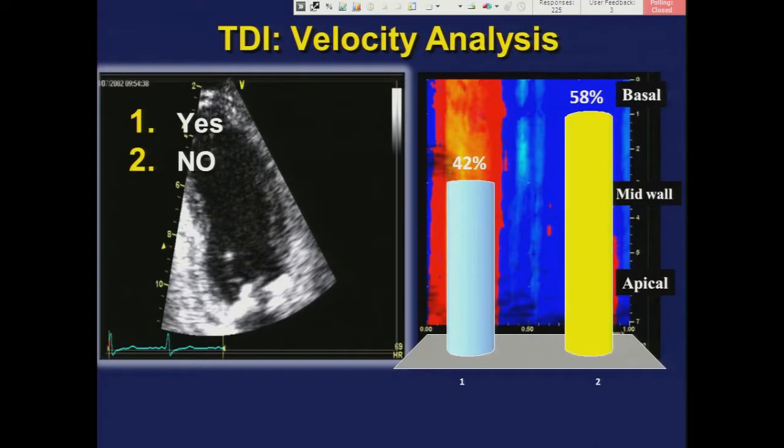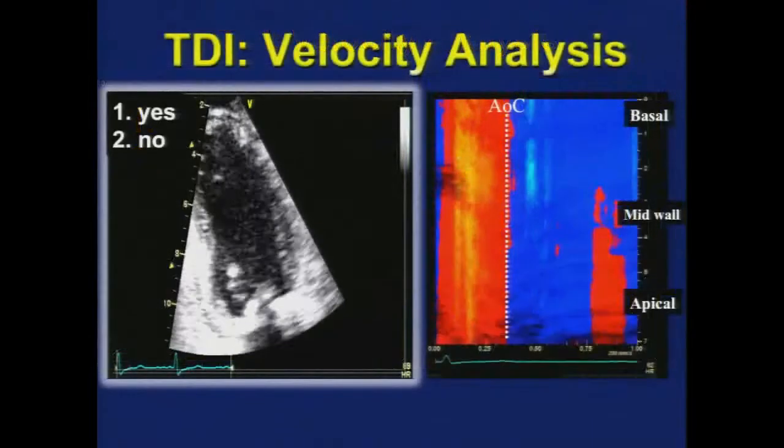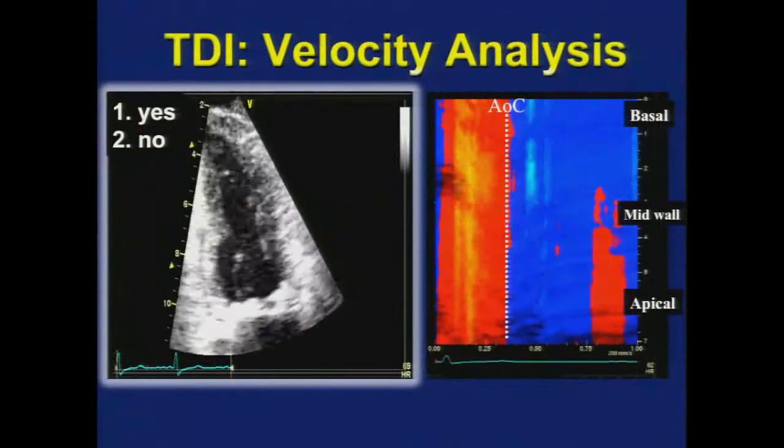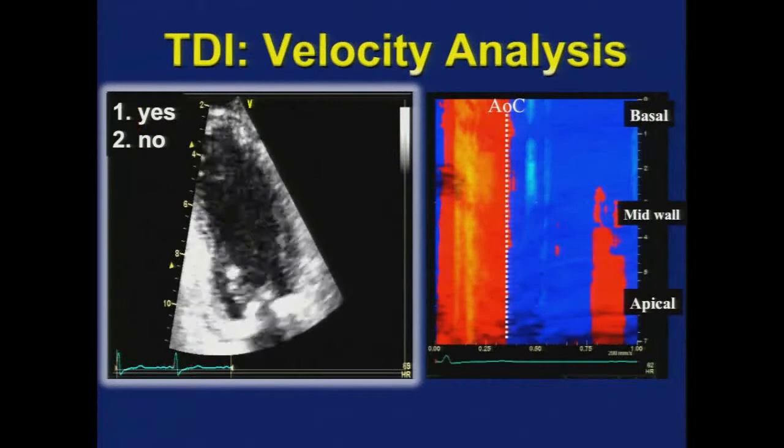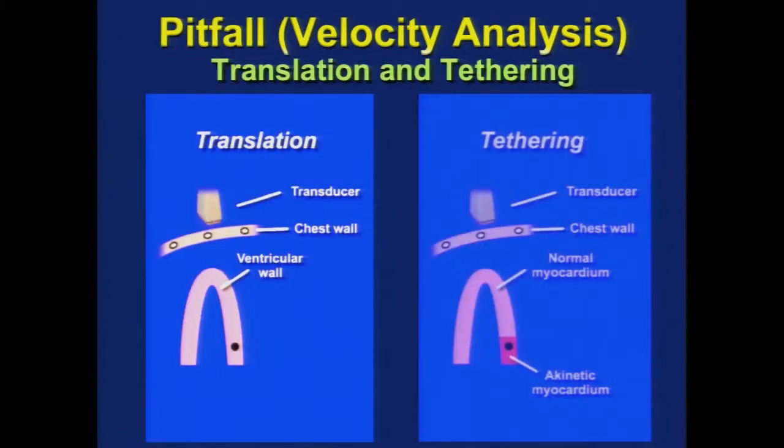Right, so now we flipped it around because now we have some objective parameter with which to perhaps confirm or dispute our visual analysis. But the point that I wanted to make here is that there are pitfalls to looking at velocity analysis alone. And these are issues of translational motion or tethering.